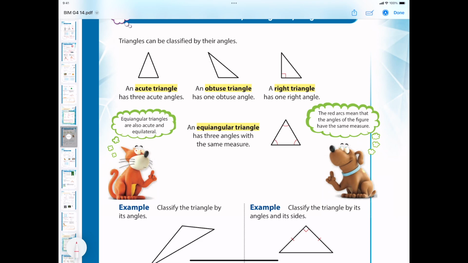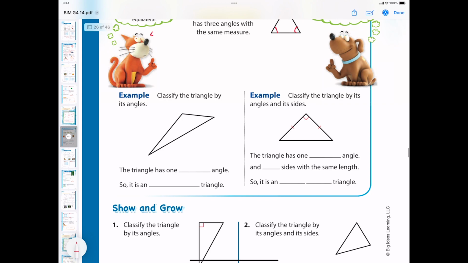I think that's the last question we just did on the previous page. Descartes is thinking equiangular triangles are also acute and equilateral. Sorry, tongue twister. And Newton is thinking the red arcs mean that the angles of the figure have the same measure.